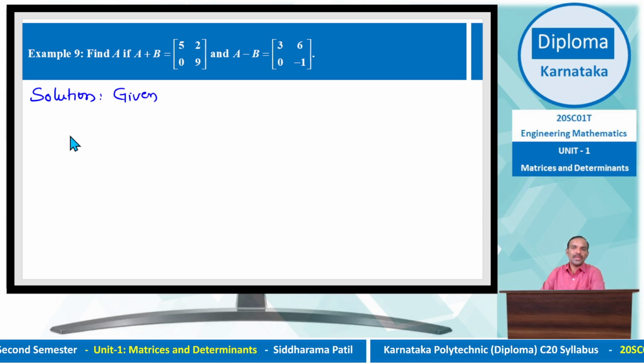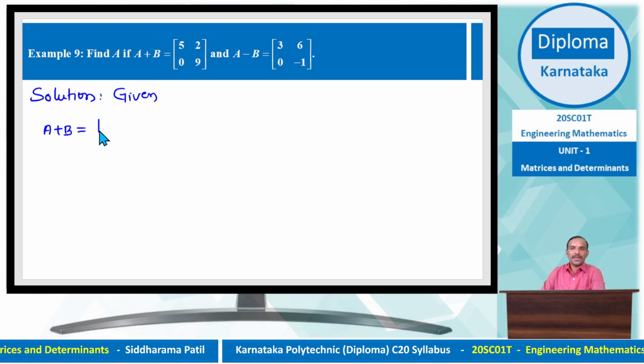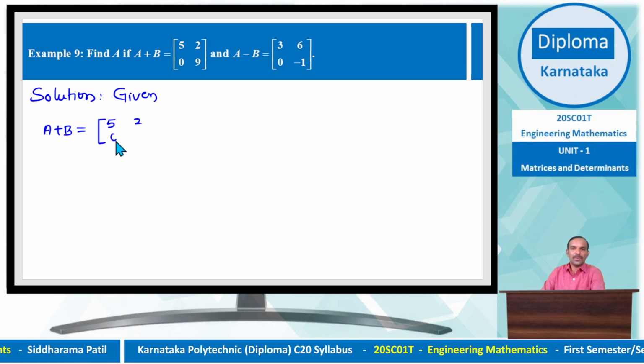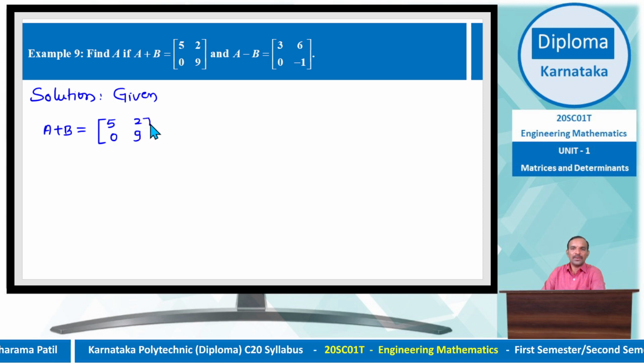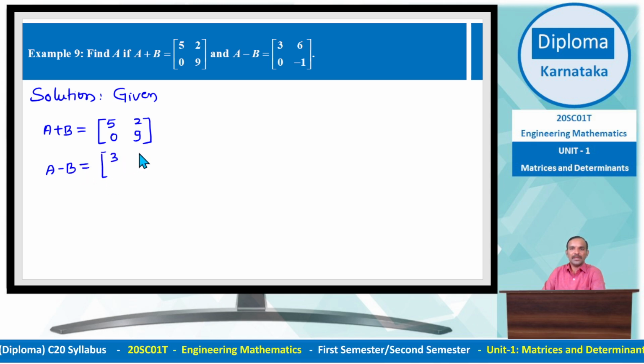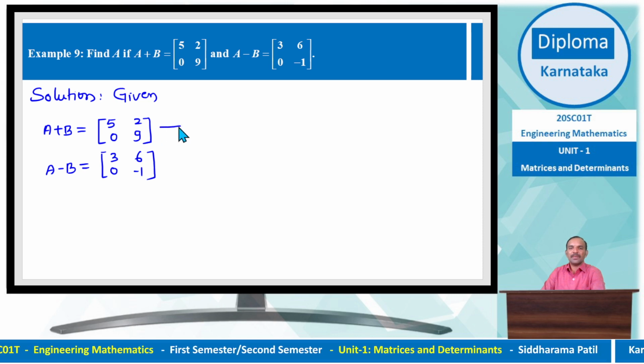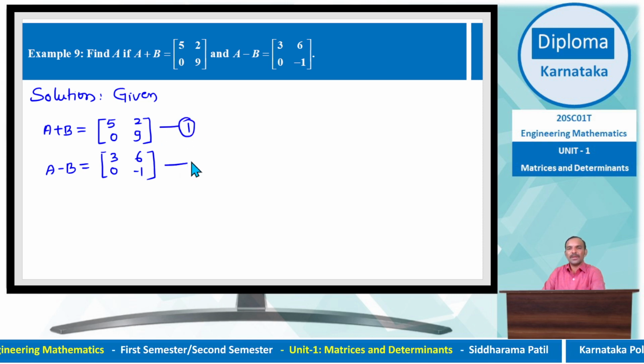Note down the given values. a plus b is equal to 5, 2, 0, 9. a minus b is equal to 3, 6, 0, minus 1. It is equation number 1, equation number 2.